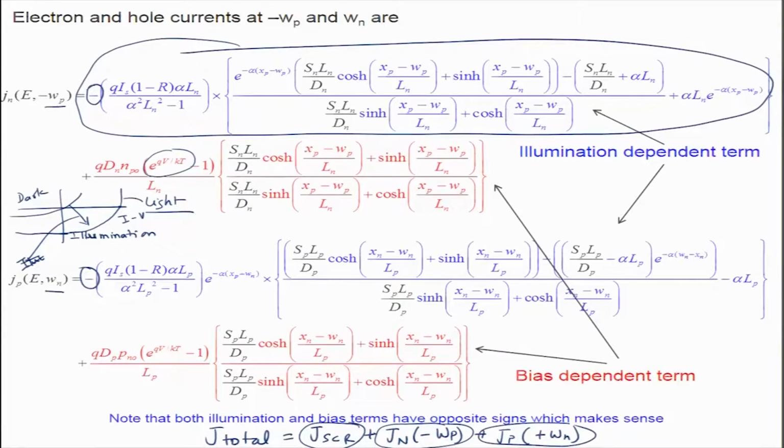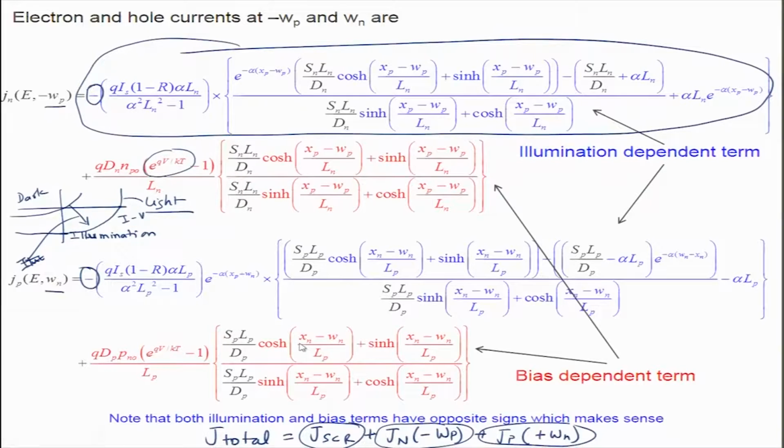You can see there is a bias dependent term and an illumination dependent term, both independent of each other. One depends upon the incident radiation and the second depends upon the bias. Similarly here, and this is Is in both the terms, and similarly you have QV by kT.